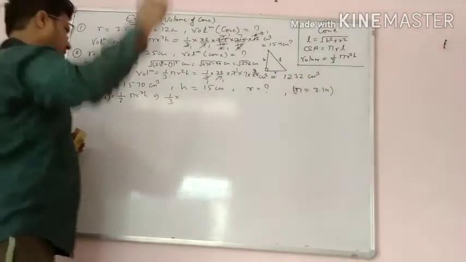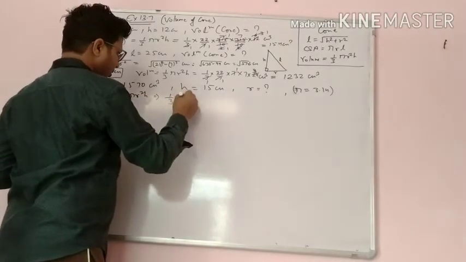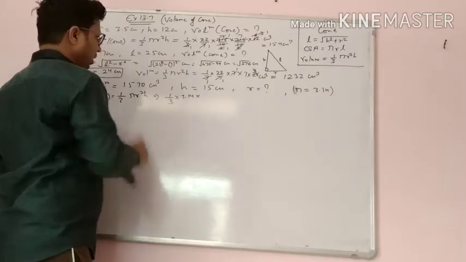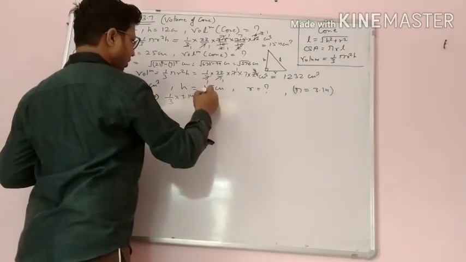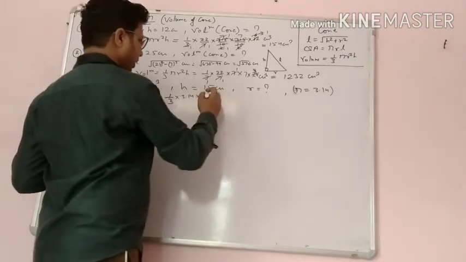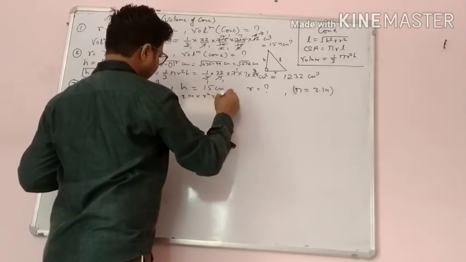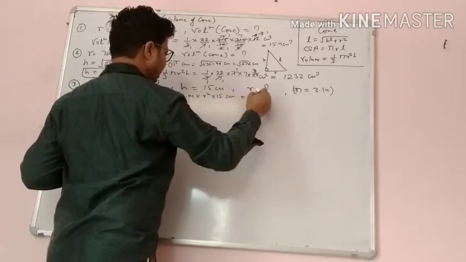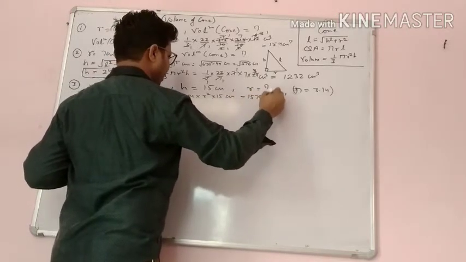That's why 1/3 multiplied by 3.14 multiplied by r squared and h is 15 centimeter is equal to 1570 centimeter cube.